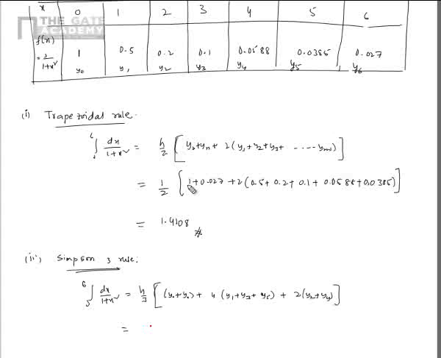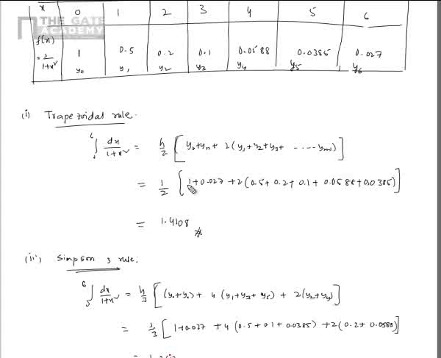So 1 by 3 times 1 plus 0.027 plus 4 times the odd terms, plus 2 times the even terms. When we evaluate this using a calculator, it comes out to be 1.3662.